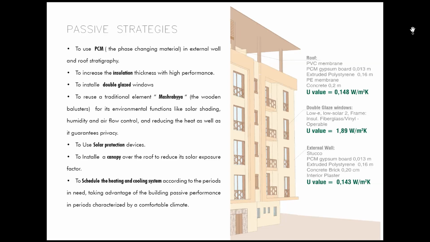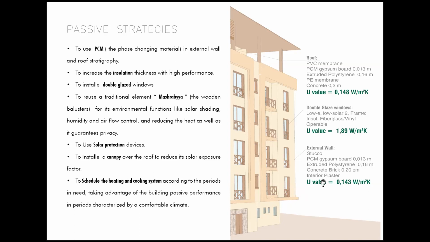As you can see here, my U value is 0.14 for the roof, almost 0.15 for my roof, and double glass is 1.89. The external wall is 0.14 also for the U value. We can take into consideration that the new KSA standards are working on a U value of about 0.24.